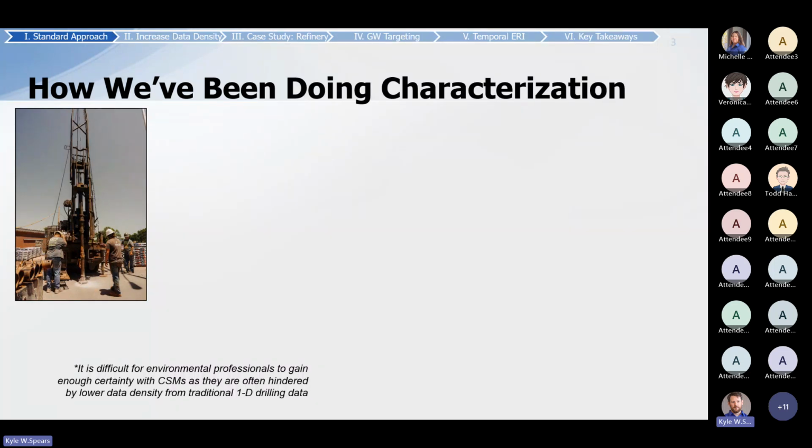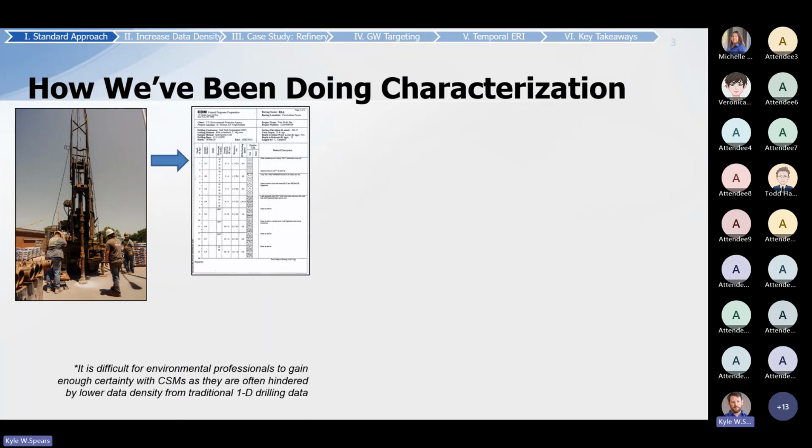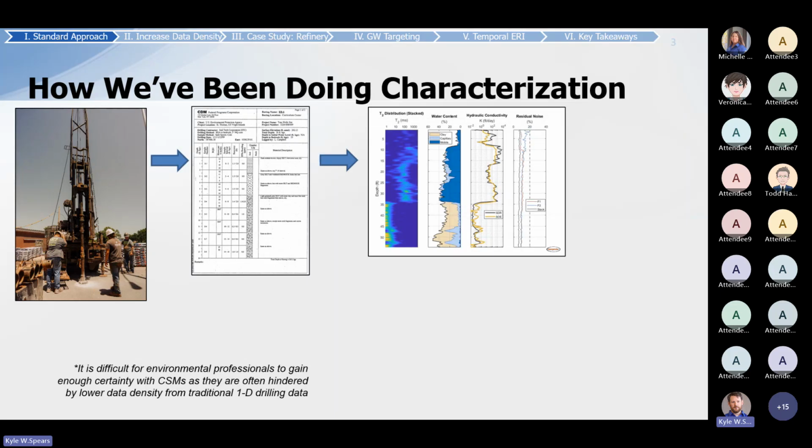We need to see what's going on down there, and for many decades, that's been done by some type of drill rig going down and collecting core and cuttings and samples. We take that information and put it into logs. We can even get fancy and run geophysical tools and other types of tools down the holes to get more advanced, higher resolution logs.